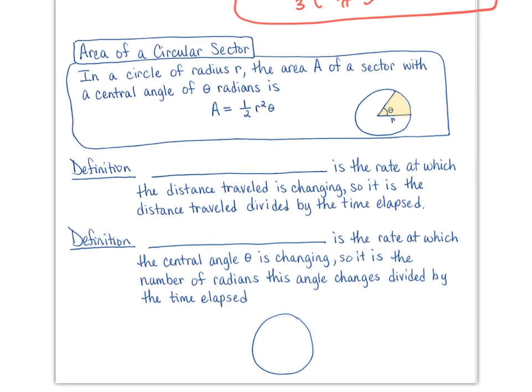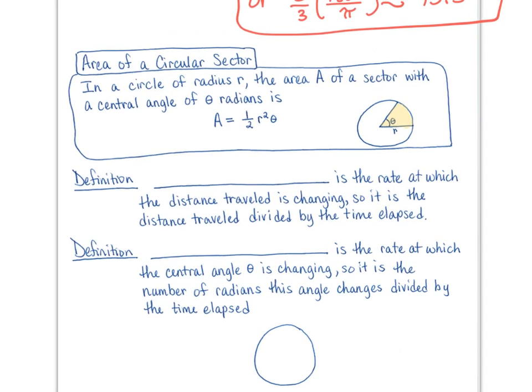Definition: linear speed. Linear speed is the rate at which the distance traveled is changing. So in other words, it is the distance traveled divided by the time elapsed.